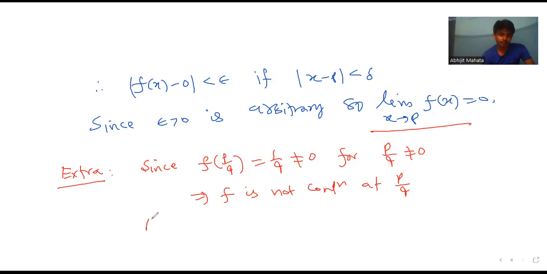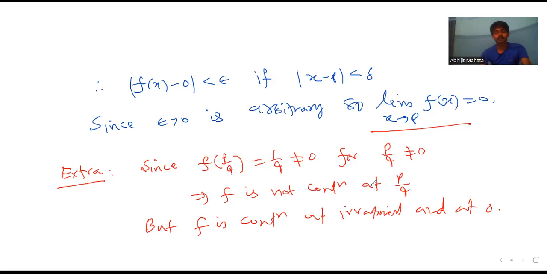But f is continuous at irrationals and at 0. Okay, so this function is continuous at every irrational point and at 0, but not continuous at the rational points, because the limit is 0 but the functional value is non-zero.